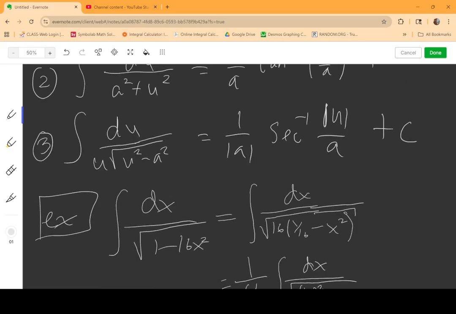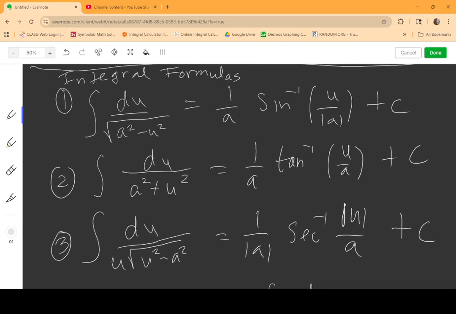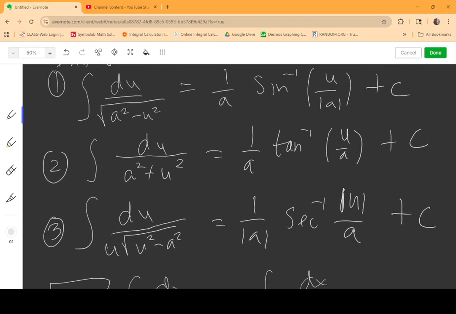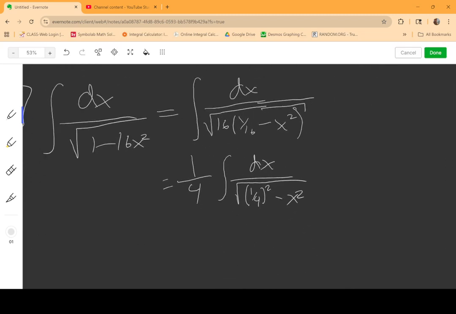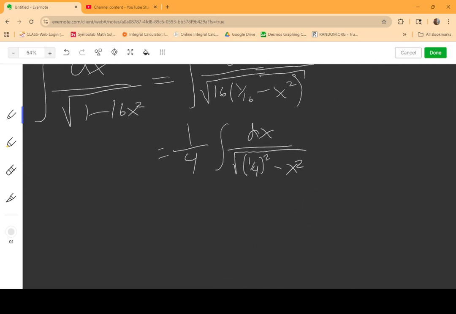And now we can start to see this sine inverse emerge, where a is going to be 1/4. So now I just apply my formula here. Don't forget to bring along this 1/4. The formula being 1 over a, which is 1/4, sine inverse of x over 1/4.